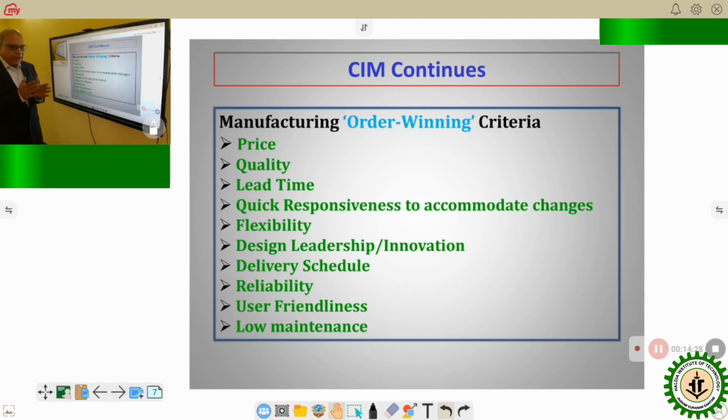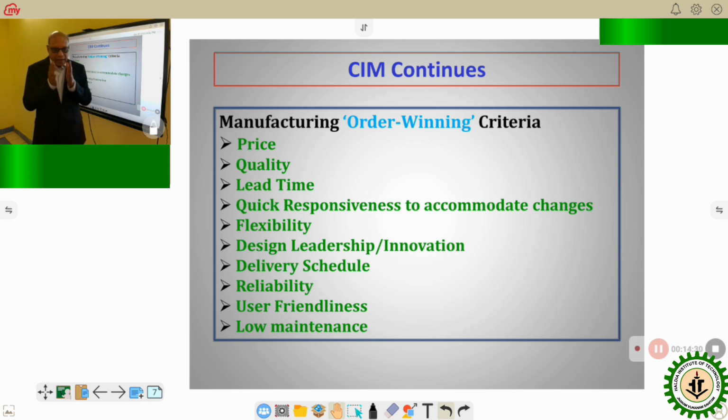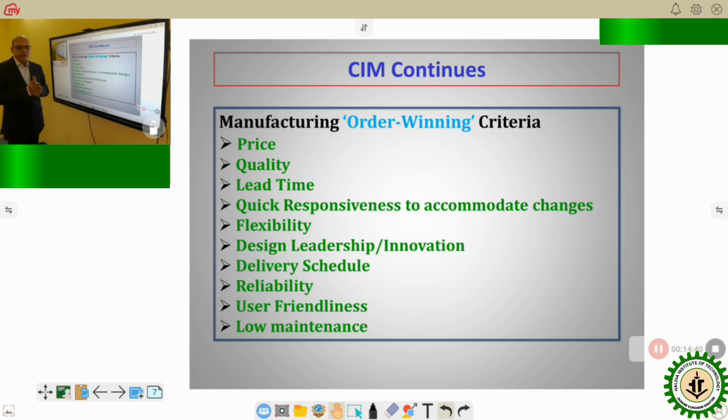Lead time. Lead time is the time duration between when people conceive an idea and when it is carried out or materialized. This time frame is known as lead time. So lead time should be as low as possible. That means from product conceptualization up to product realization.